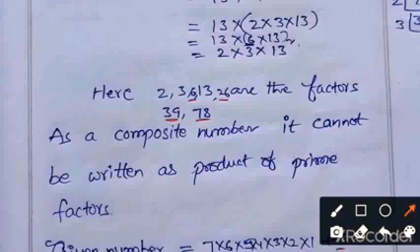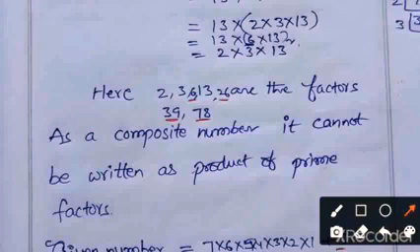There is another way to express composite numbers: a number which has more than 2 factors. Those 2 factors mean 1 and itself. Other than these 2 factors, if a number has any other factor, that number can be called a composite number.